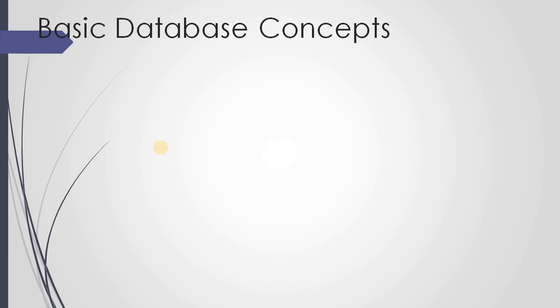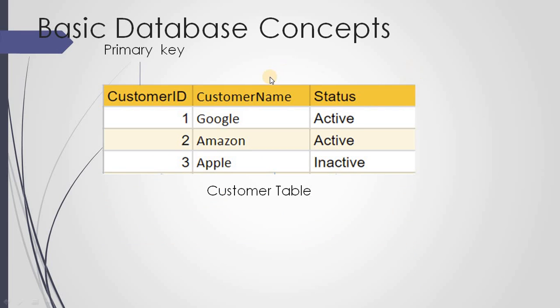A key is assigned to a field so that it can identify some records. In this example, we have three fields: customer ID, customer name, and status. The first field, customer ID, is assigned the primary key. The primary key is used so that we can identify a record uniquely.